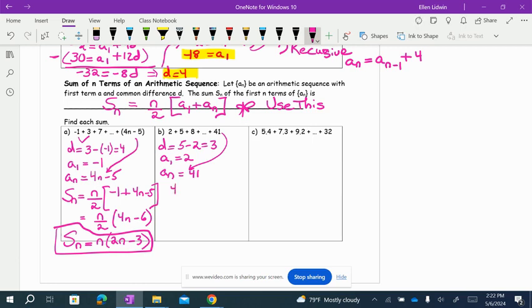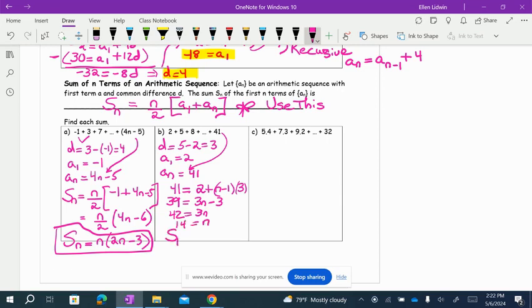So I'm going to use this 41 that I know, and I'm going to say 41 equals a sub 1, which is 2, plus n minus 1 times the d, which is 3. So I'm going to get 3n minus 3 equals 39. So 3n equals 42. So n equals 14.